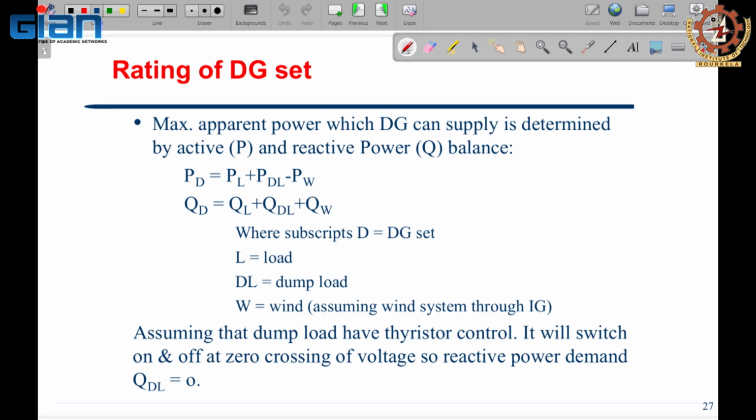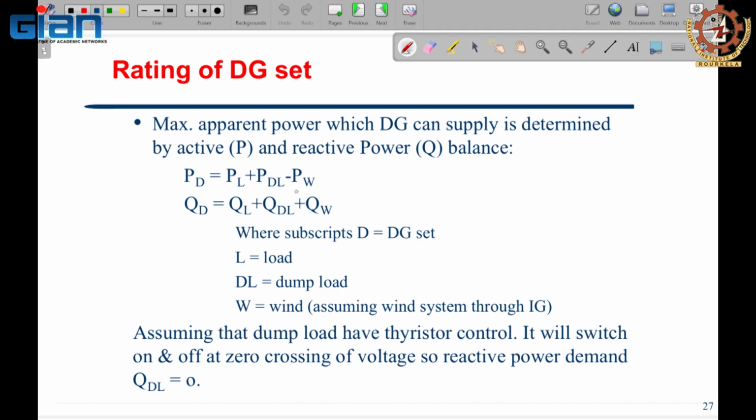So, how much is the active power demand? For example, the active power of the synchronous generator is decided by the power consumed by the load, the dump load, and then the wind.